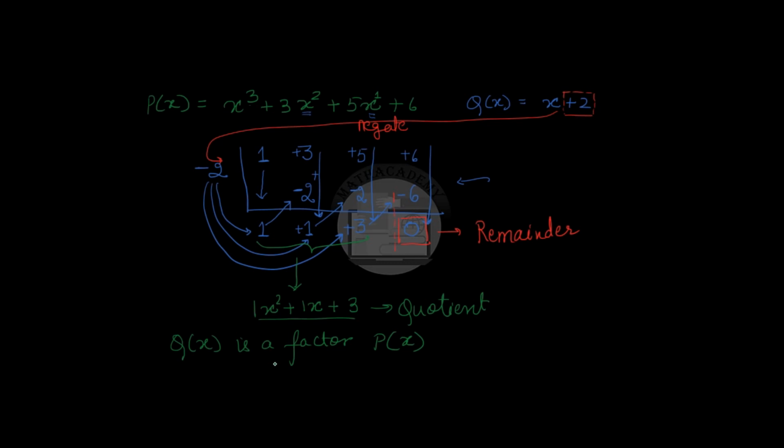Okay. So when we divide x cube plus 3x square plus 5x plus 6 by x plus 2, we get x square plus x plus 3.